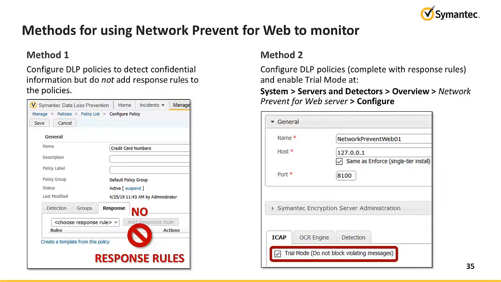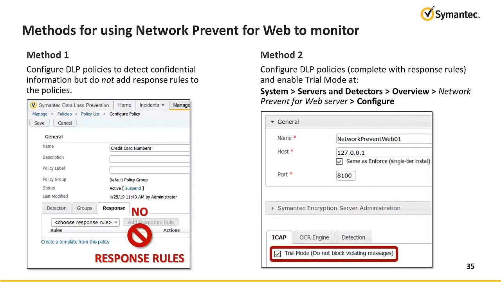Method number 1: configure DLP policies to detect confidential information but do not add response rules to the policies. In effect, this causes Network Prevent for Web to run in audit mode, enabling it to detect web traffic incidents without performing any blocking actions. Method number 2 is to configure DLP policies complete with response rules and use the Network Prevent for Web server's trial mode.